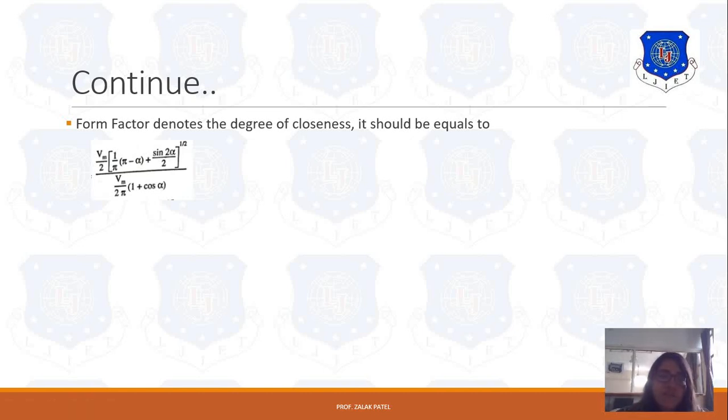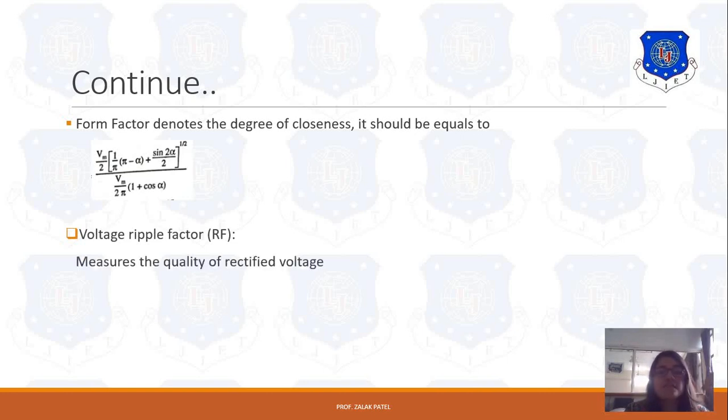Now this form factor denotes the degree of closeness, meaning how much the DC output is equivalent to the original DC voltage or overall DC output. That means by default the form factor should be equal to 1, but practically it will be somewhat above 1.